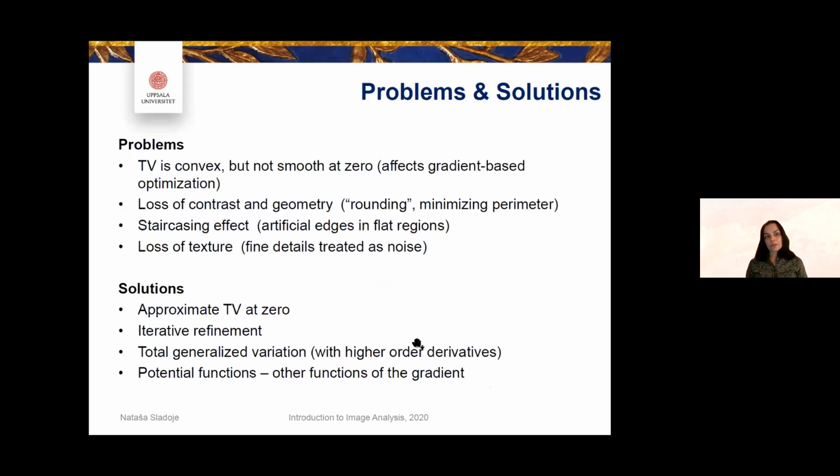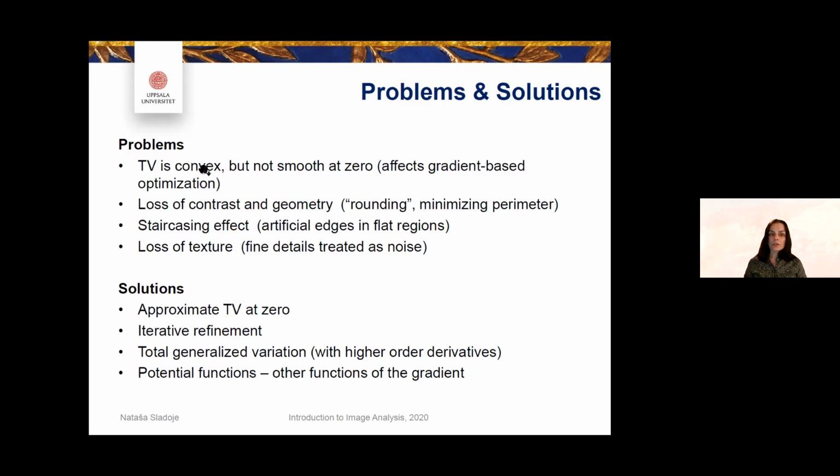TV regularization is put forward as a very successful regularization when we want to perform denoising, and it indeed improves significantly compared to Tikhonov regularization, for example, that we mentioned in the beginning. Of course, there are still some challenges, some problems that remain and have to be addressed separately.